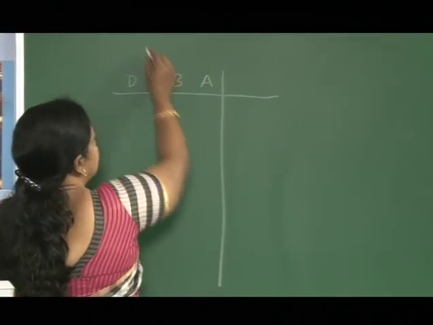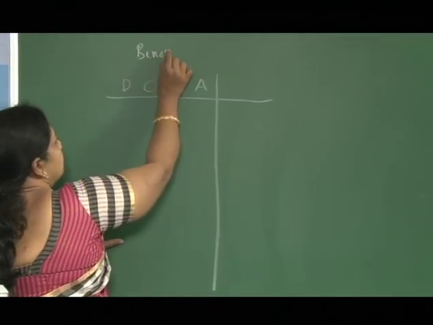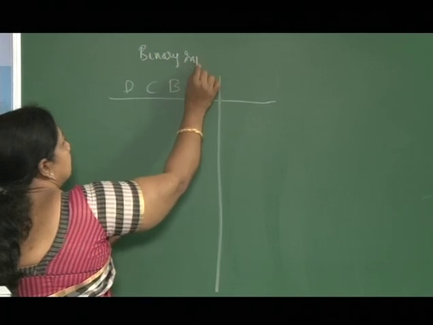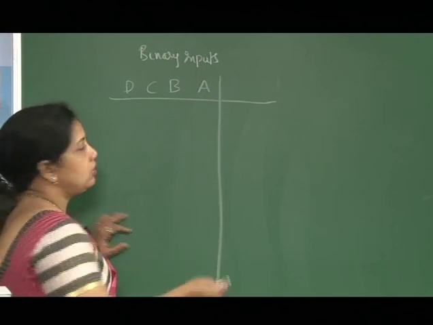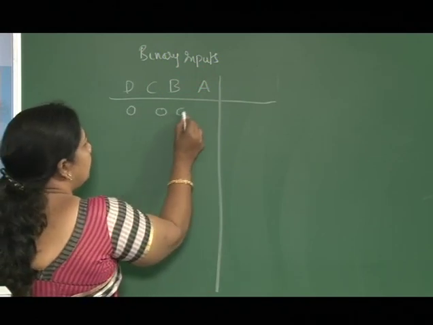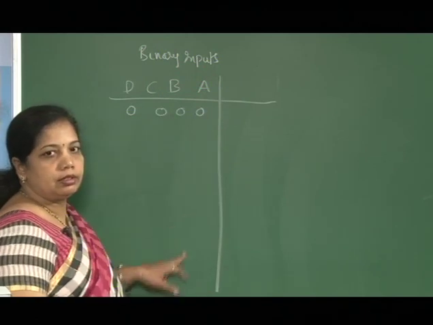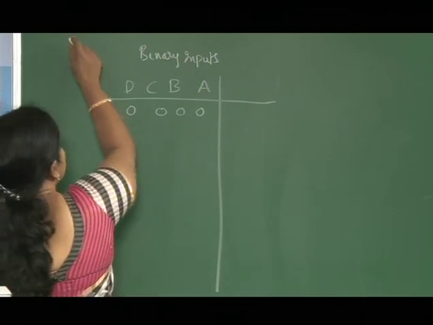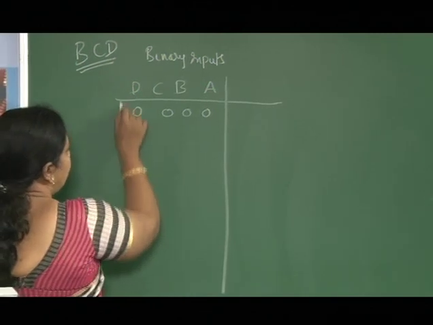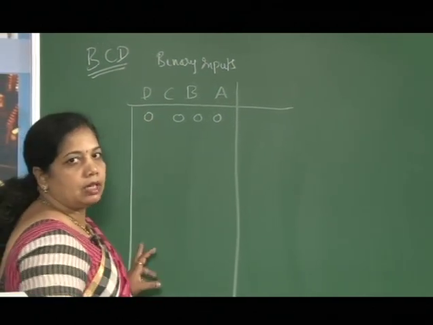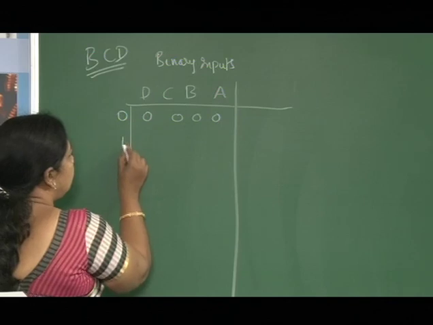These are binary inputs. I am going to generate here BCD. Since I am talking about BCD, I will be writing only 0 to 9 combinations.